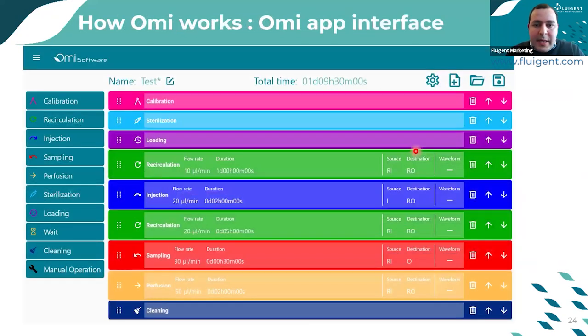With the OMI, as mentioned, you will have a protocol that comes with the tablet that we provide and the application on it. You can set up any kind of protocols that will help you make your experiment easy here, and you can plan it in advance.